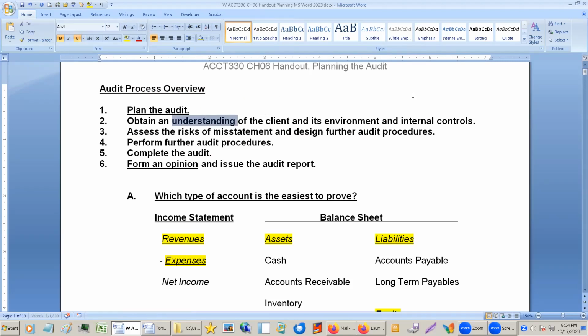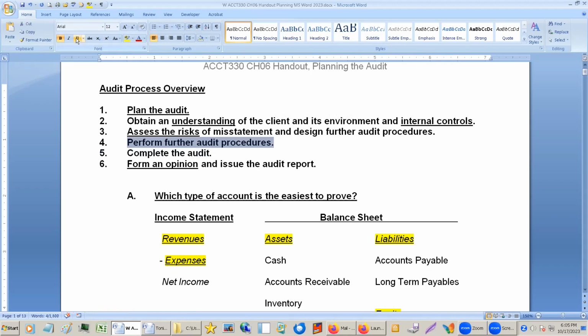You have to get an understanding of the client, including their internal controls, which is required. Assess the risks. And from the risks, you will perform a further audit procedure.